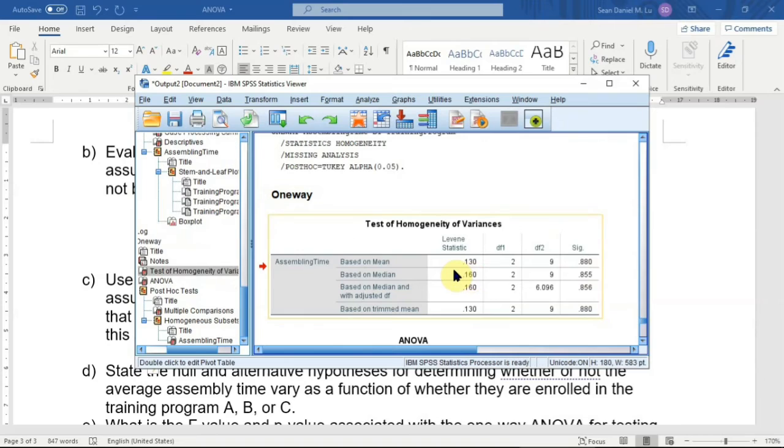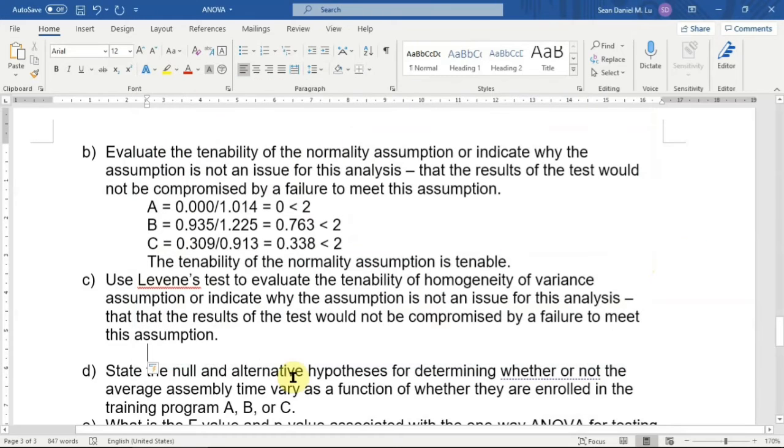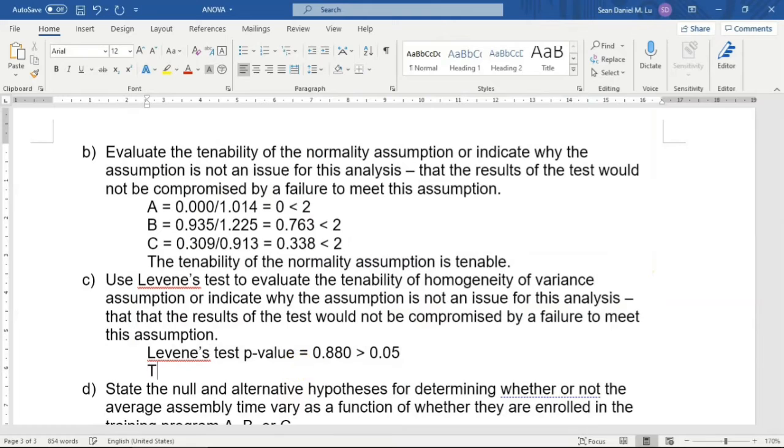So the Levene's test indicates that the p-value is equal to 0.880. Levene's test p-value is equal to 0.880, which is greater than alpha of 0.05. Therefore, the variances are equal.